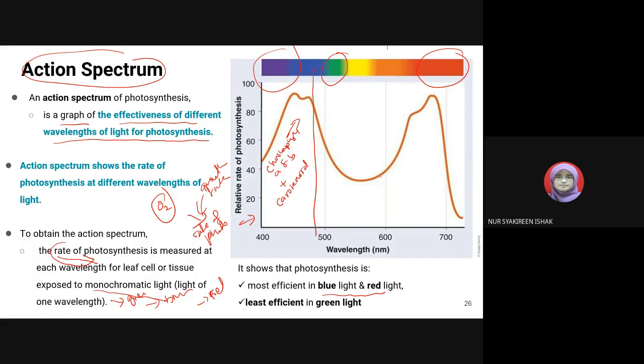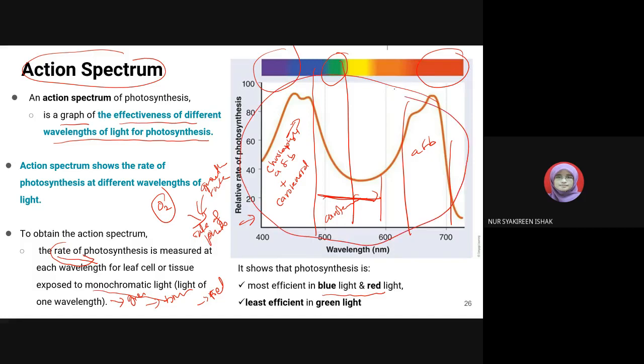This one in the green region here is contributed also by carotenoids, also contributed by the presence of carotenoids in the leaf. In this area, chlorophyll A and B. So this is the action spectrum.